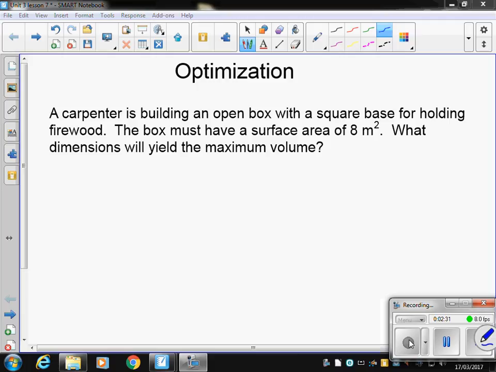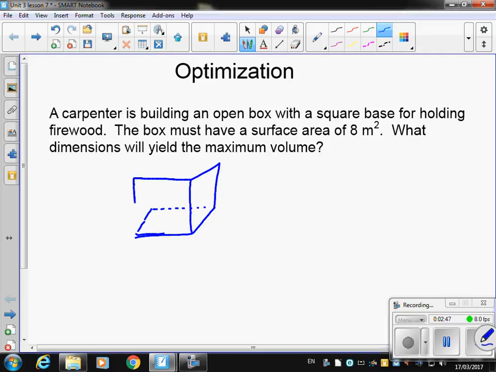So let's see how I do here. All right, absolutely atrocious as usual, but you could draw a better one.